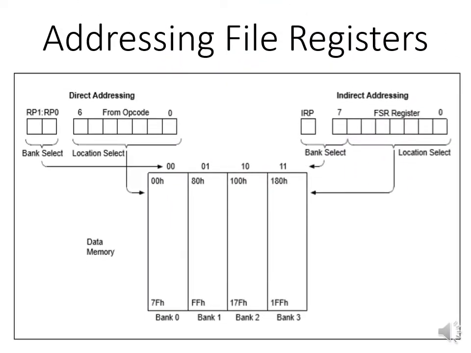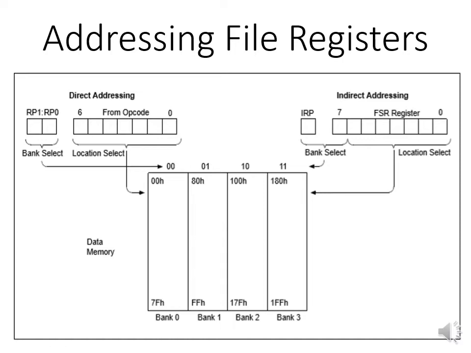The file registers that make up the data RAM are addressed using 9-bit addresses. The file registers can be accessed using either direct addressing or indirect addressing. In direct addressing, the instruction supplies the 7 lowest bits.